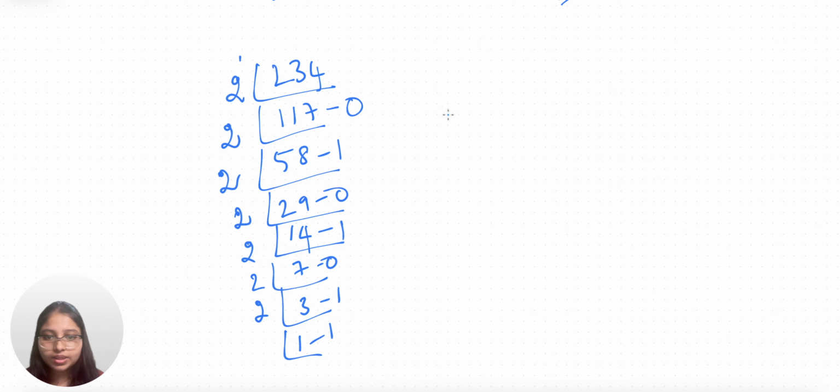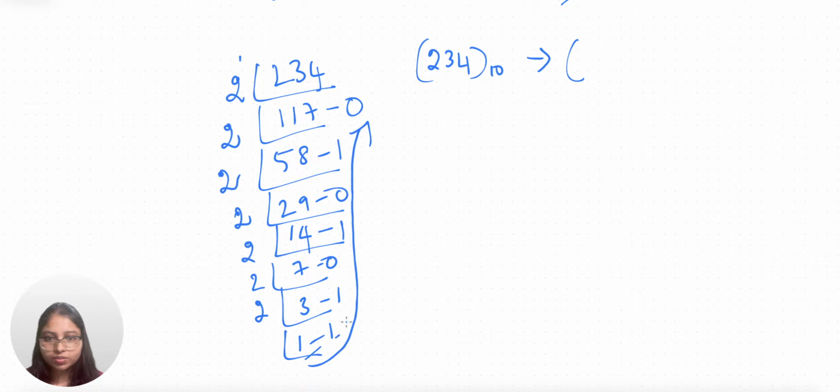So the equivalent conversion of this number to a binary number is 234 of base 10 is represented as, and you read the numbers from bottom to top. Alright, so 111 01010.